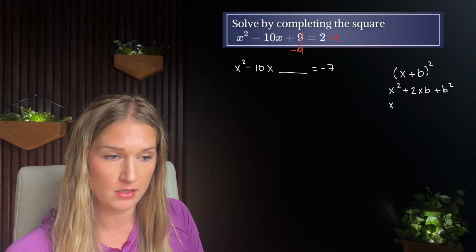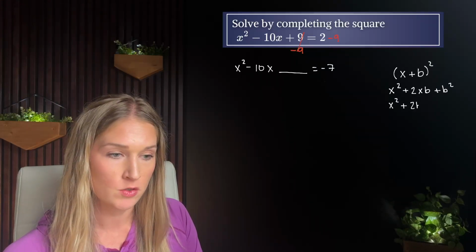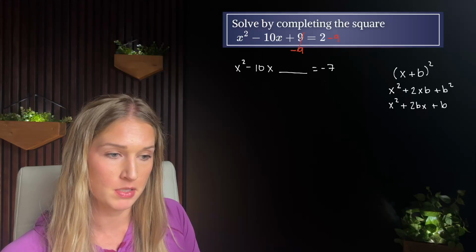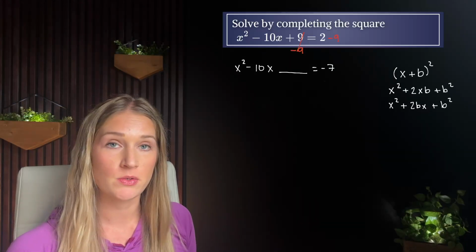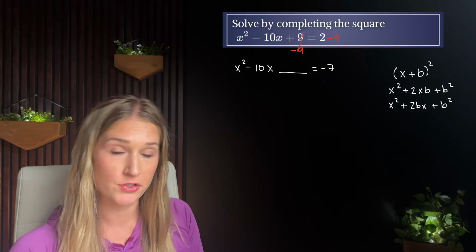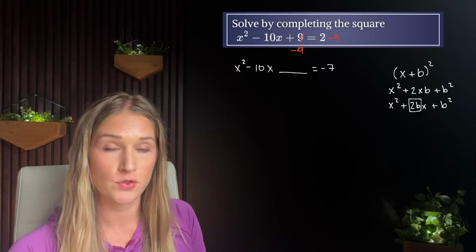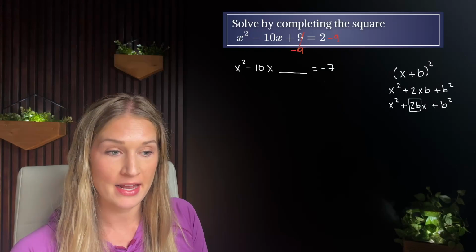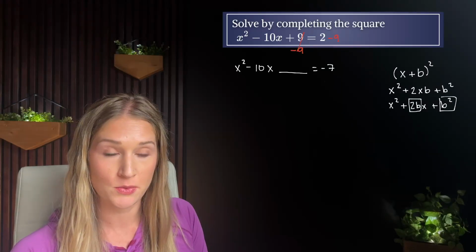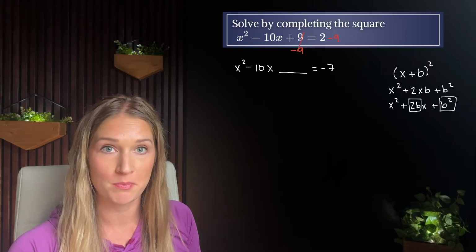Or let me just rearrange that middle term, 2bx plus b squared. And what I want to do is focus on the relationship between that middle term and the end term. So this middle term right here has a coefficient of 2 times b. And then that end term is b squared. So there's that same b showing up in both of them.